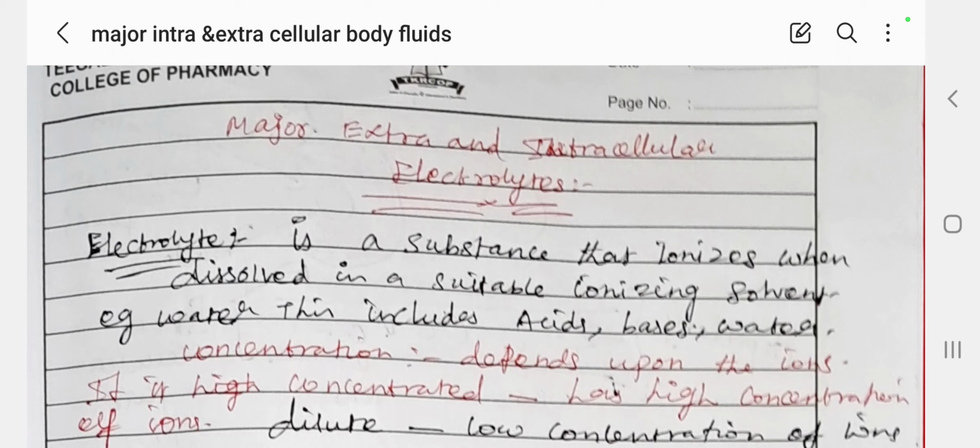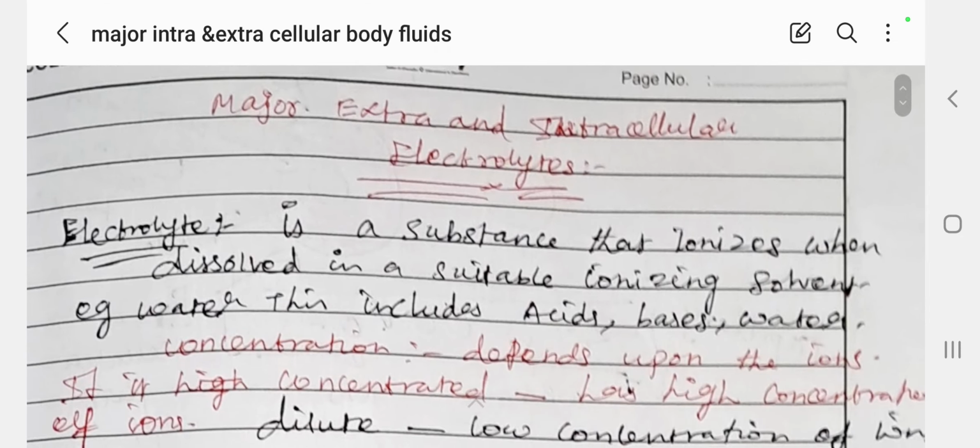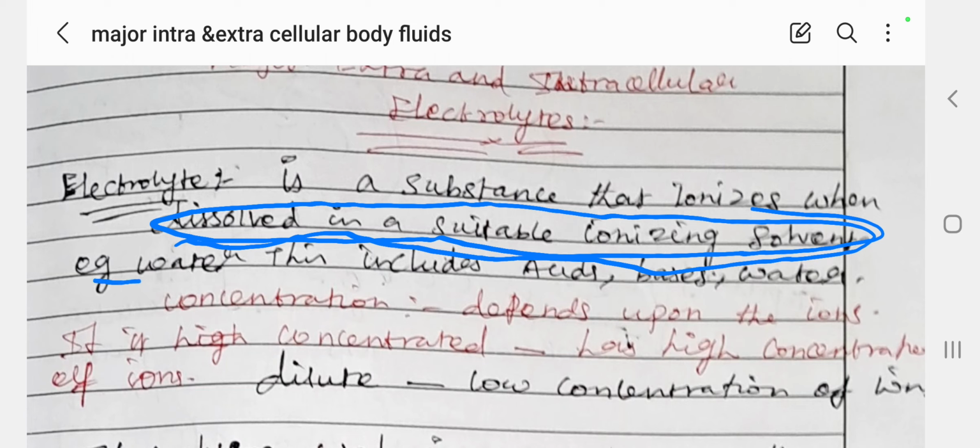In this class I am going to discuss with you major extra and intracellular electrolytes. So what is meant by electrolytes? An electrolyte is a substance that ionizes when dissolved in a suitable ionizing solvent. What is the suitable ionizing solvent here? Water.